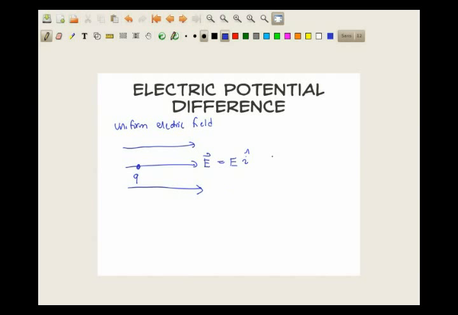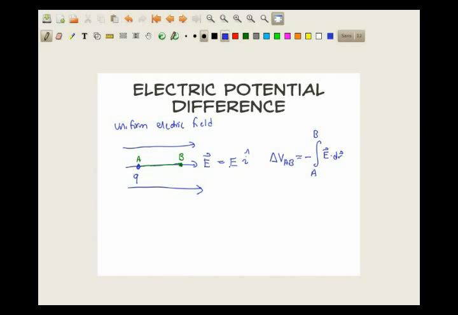But let's write down our relationship between the electric potential difference and the electric field, which is E vector dot dr vector. So again, let's imagine that our electric charge starts out at a point A and follows some path to a point B. Okay?